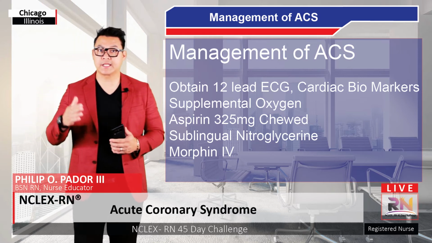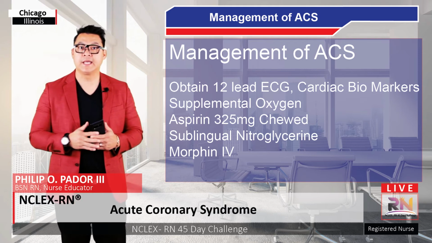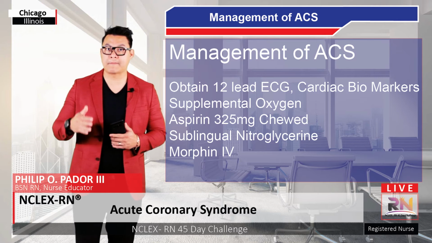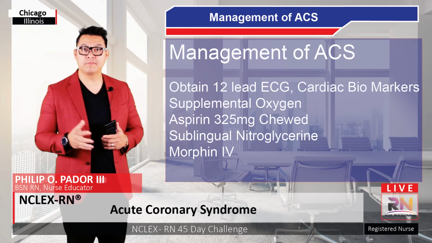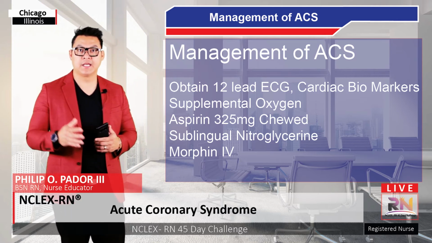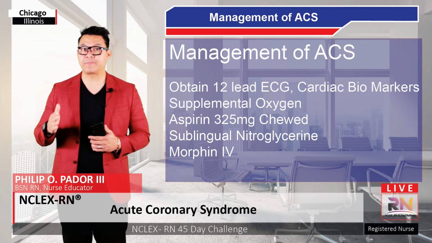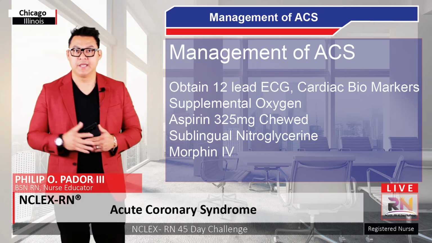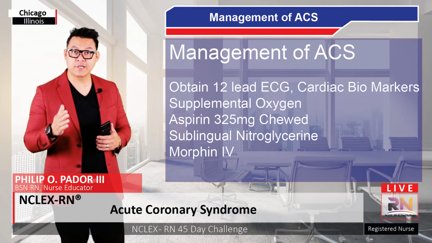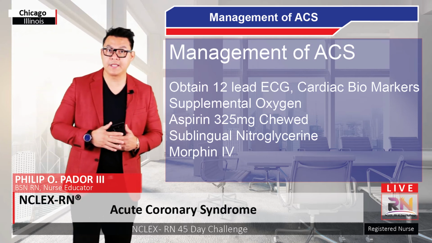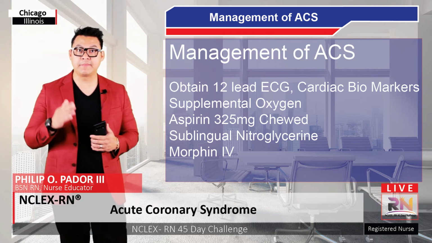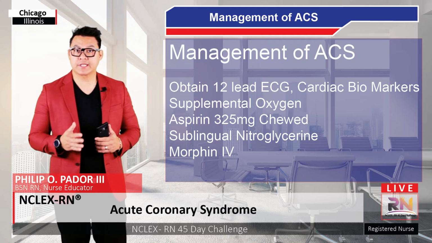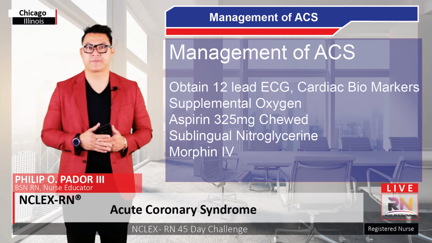If it is felt that a door-to-balloon time of 90 minutes cannot be obtained, or a local hospital does not have the ability to do a PCI, then the patient should be given fibrinolytics within 30 minutes of entering the hospital. This is called door-to-needle time. There are some situations where transfer to a center with PCI capabilities is favorable over administering fibrinolytics, but this is outside the scope of this presentation.